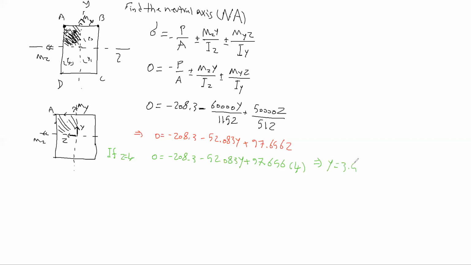It is 3.5 inch. So the first point is 4, 3.5. It's very interesting, which means at Z equal to 4 and Y equal to 3.5, stress would be 0. For example, here is one point, 4 and 3.5.